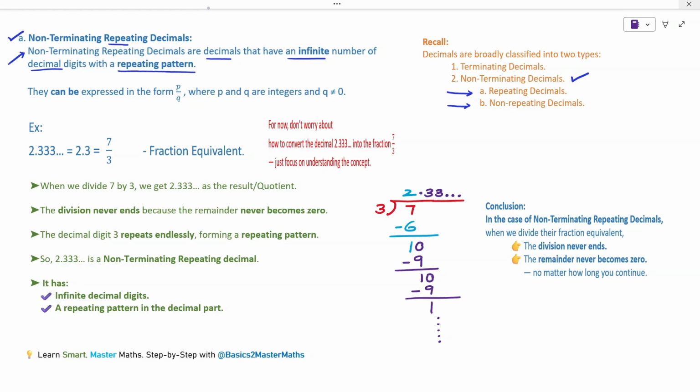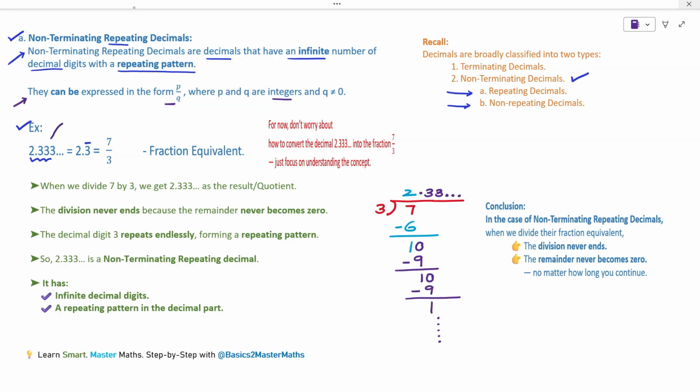Let us try to understand the definition with an example. We know that 2.3333 can be written as 2.3 bar. Observe here, all non-terminating repeating decimals can be written in the form p by q, where p and q are integers and q not equal to 0.